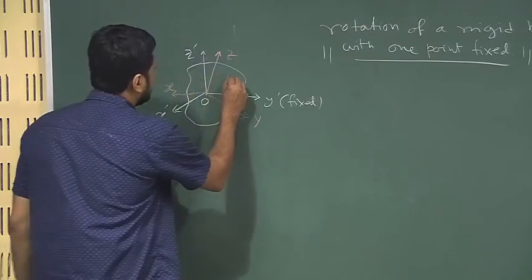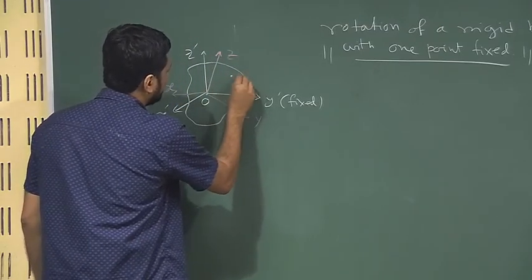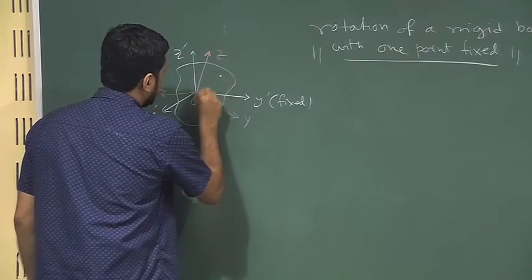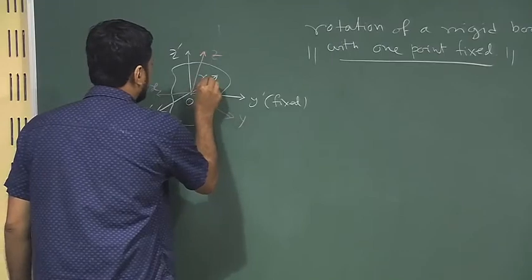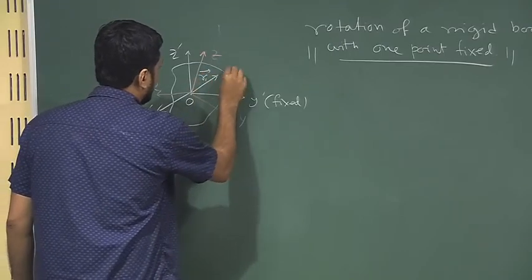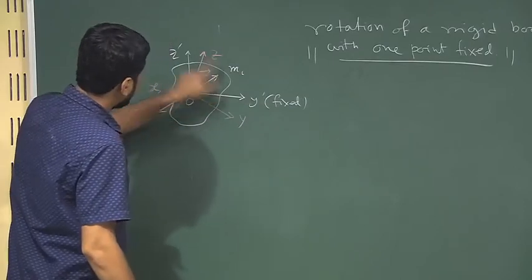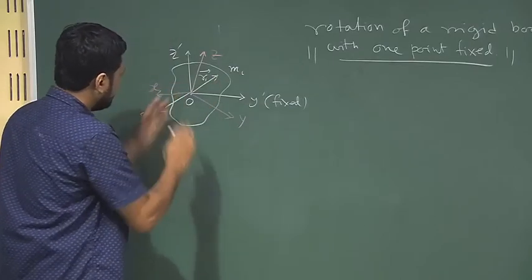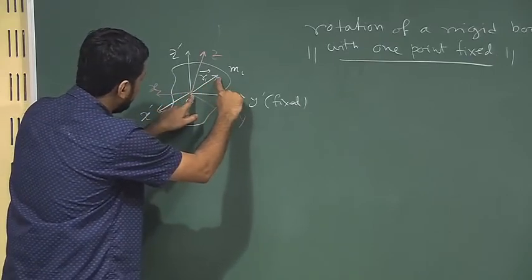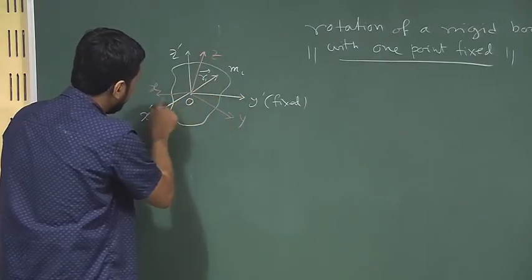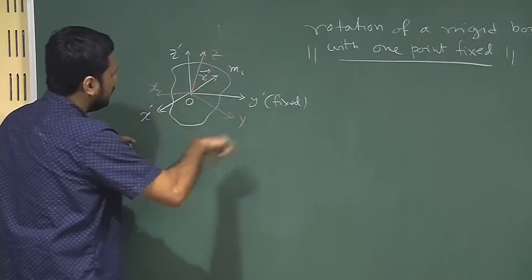So, any position vector of, let us say, the ith point mass, which is given by r I and has a mass m I, this position vector, if it is taken in this moving coordinate system, is rotating along with the rigid body.